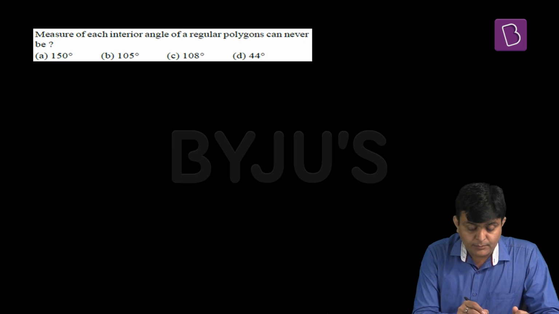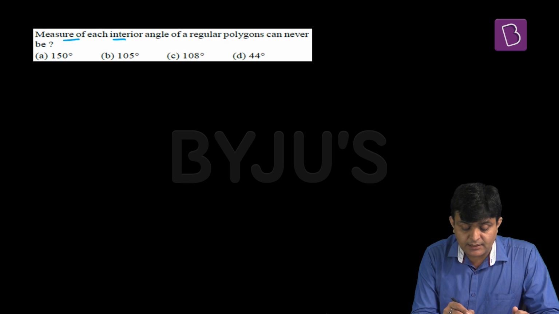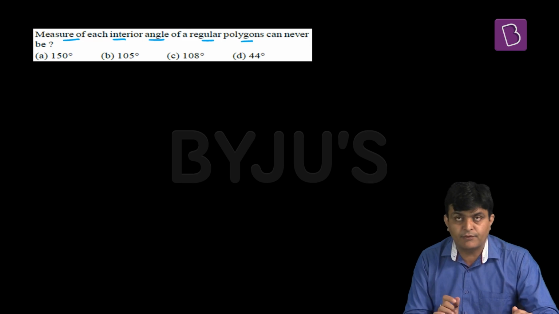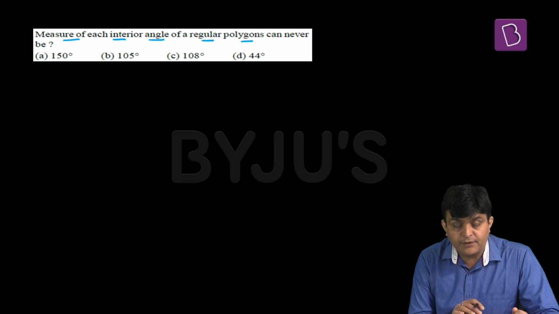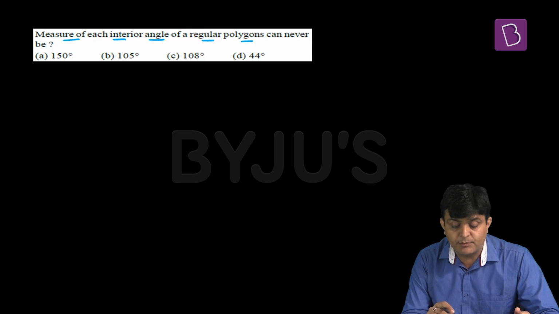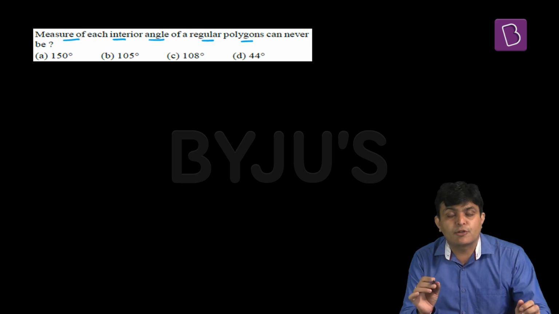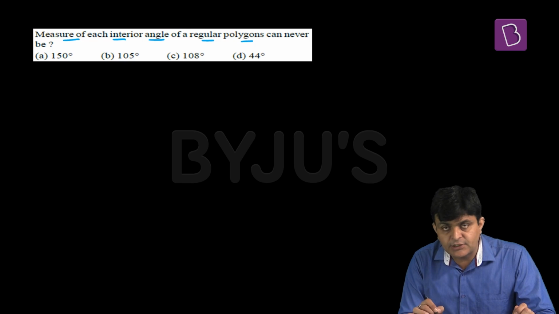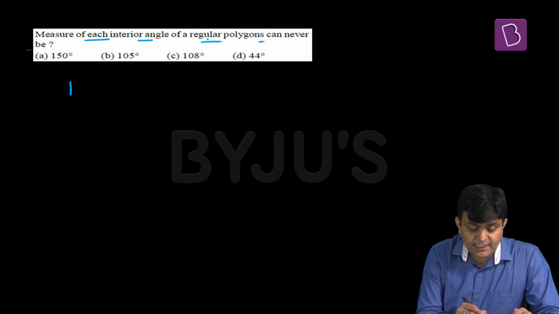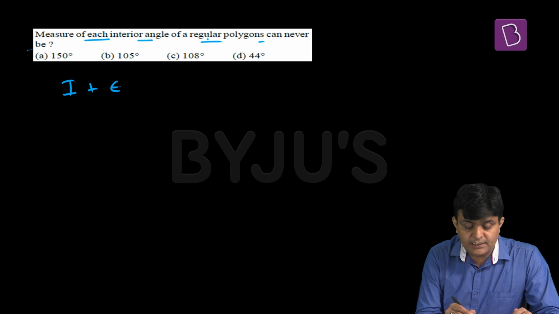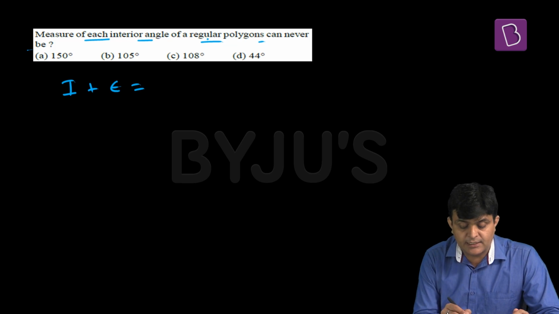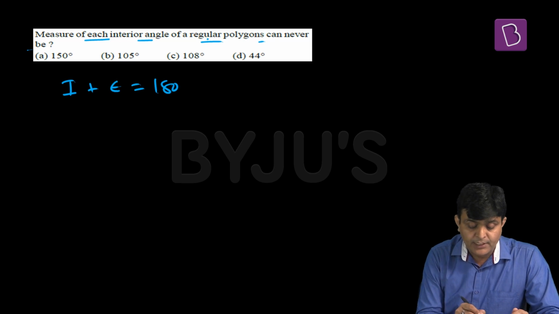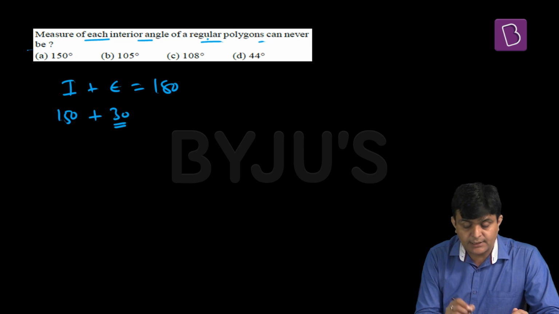See next. The measure of each interior angle of a regular polygon can never be which of the following? We know that any one out of these can never be an internal angle if its corresponding external angle will never divide 360 properly. Let I be the internal and E be the external or exterior, the sum is 180. Okay. If internal is 150, then external is 30 degrees.